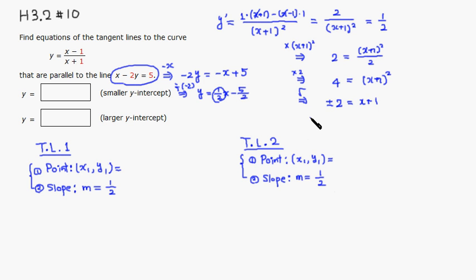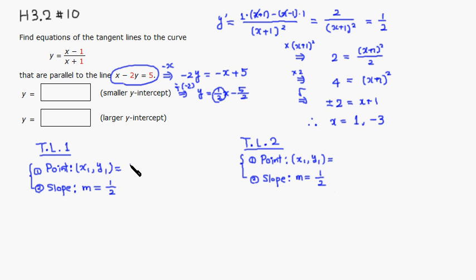So we know that there are two x values. When you have positive 2, we subtract 1 from that, so positive 1 is one of them. Then when it's negative 2, subtract 1, so it gives you negative 3. So those are the x1 values.